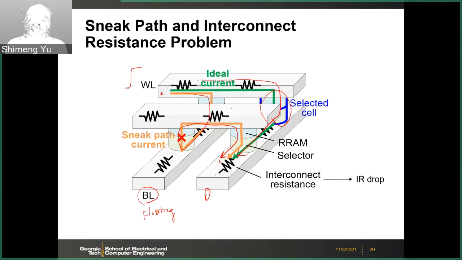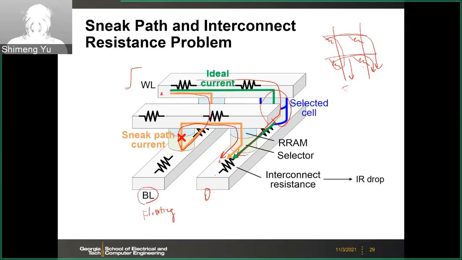Essentially, this is like a resistor network. Let's say those 4 cells. So this is your main path, and then you may have the sneak path, that is through here, those 3 cells.